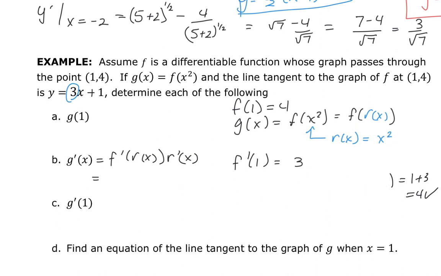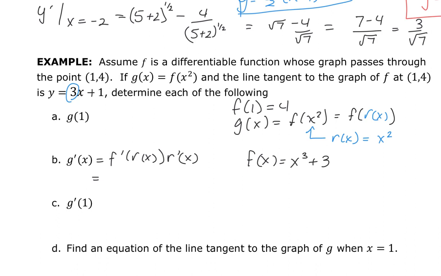I've decided that f of x, which will work for the constraints that are given to me, is x cubed plus 3. And that is a function that would work.